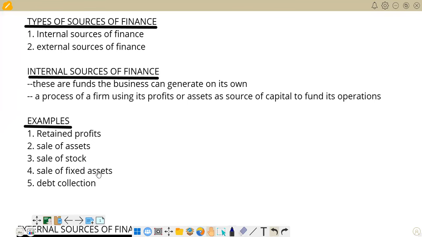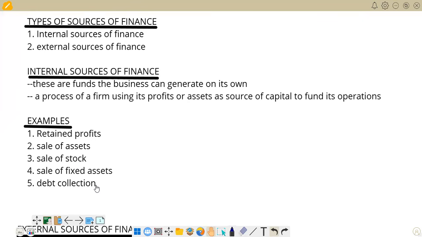Then I also have sale of fixed assets. On assets, we have two classifications: current assets and non-current assets, or fixed assets. Examples of fixed assets are equipment, and buildings, property, etc. When we are selling those fixed assets, we are also generating money to finance operations of the business.